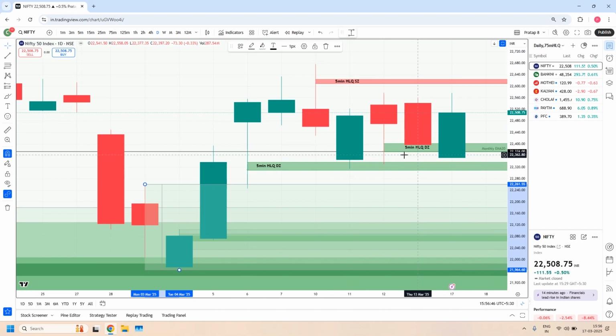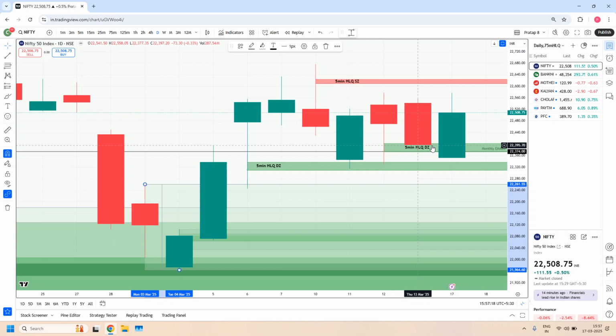So something will definitely happen in the coming days. Maybe tomorrow or the day after tomorrow, after a few days, some shift is going to take place in the market. And once the shift happens in the market, we see very huge profits all of a sudden in our HLQ zones. That is what I observed in the past. All of a sudden, like 8% ROI, 9% ROI during intraday trades.